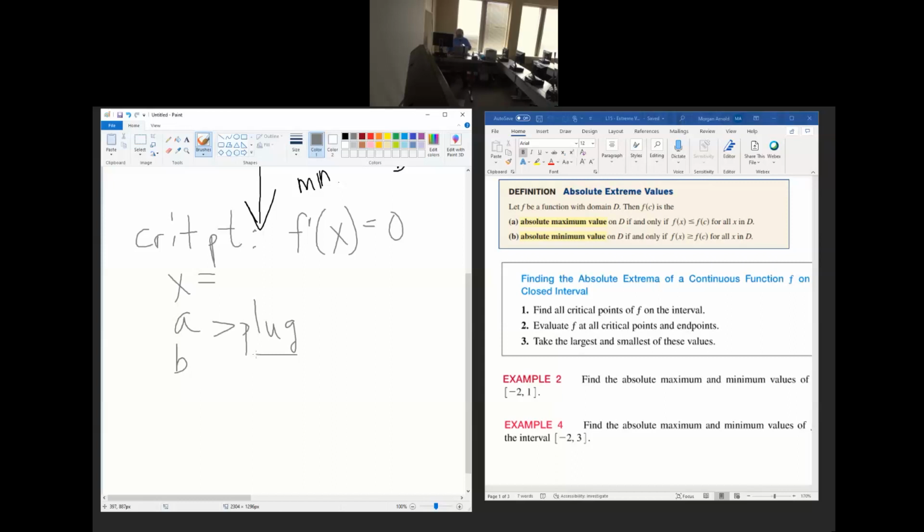And then the last step, take the largest and smallest of these values. The largest indicates the absolute maximum point. And the smallest value out of everything you plug in indicates an absolute minimum point throughout that interval.